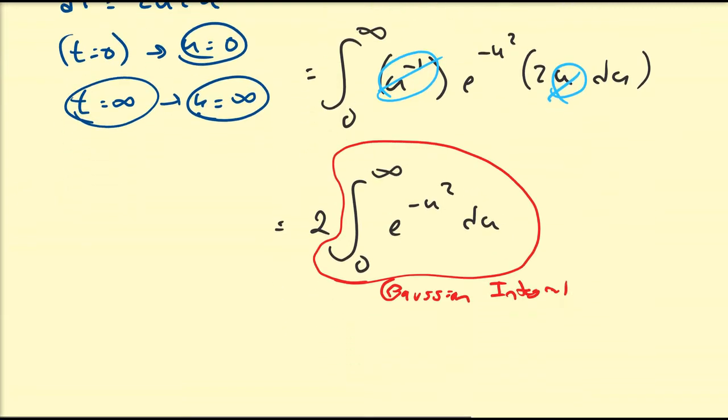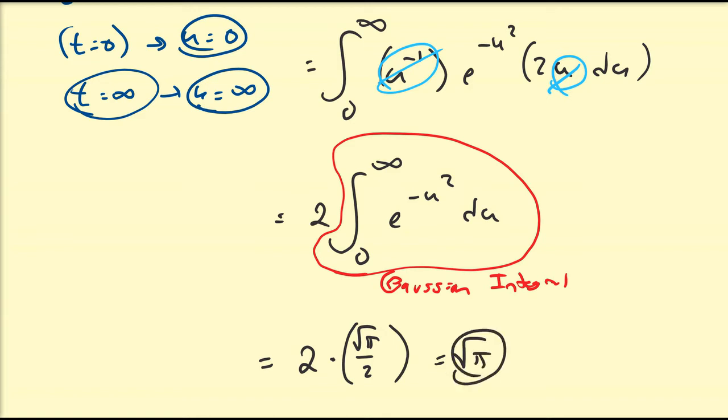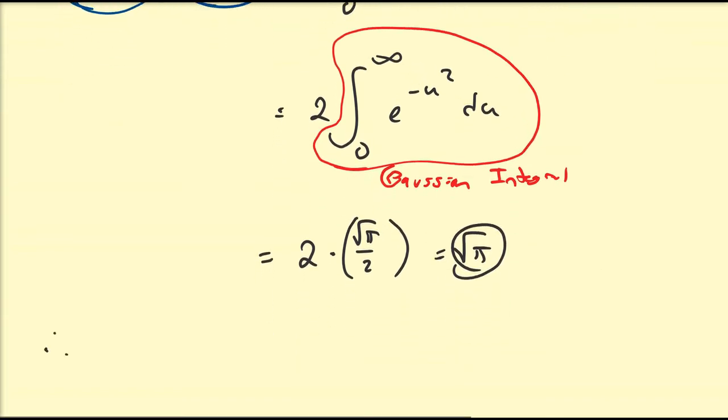And if you haven't already seen the other video where I prove this using multiple integrals and polar coordinates, I definitely suggest you check that out. We find in that proof that this integral is precisely equal to 2 times the square root of pi over 2, which then just comes out to the square root of pi. Therefore, we say that gamma of 1/2 is equal to the square root of pi.